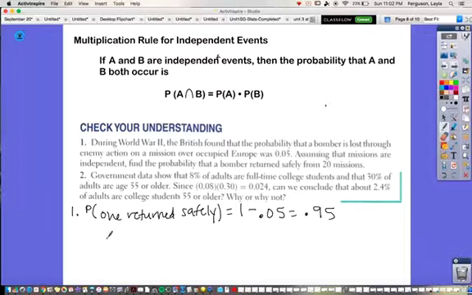So if we assume independence, that means that one is not going to affect the other one. So that would mean that we would have 0.95 20 times.